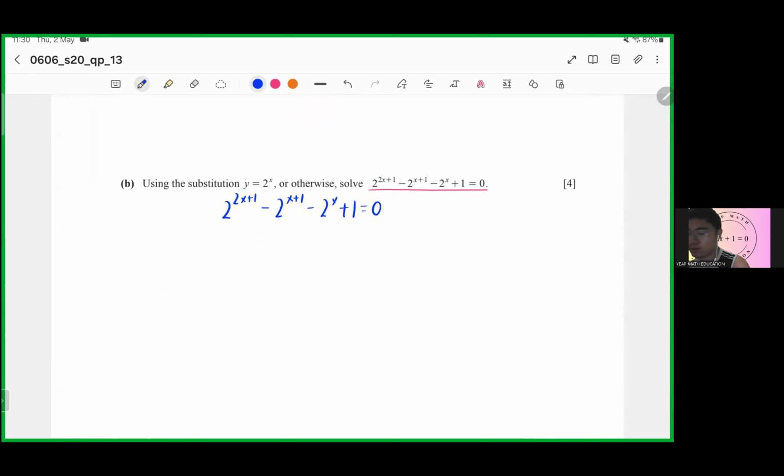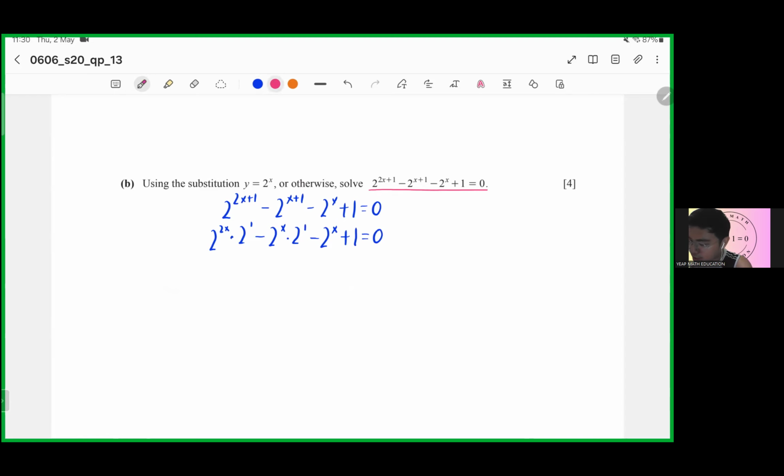Now what we need to do is separate it: 2^x, 1 minus 2^x, and then 1 minus 2^(x+1) equals 0.